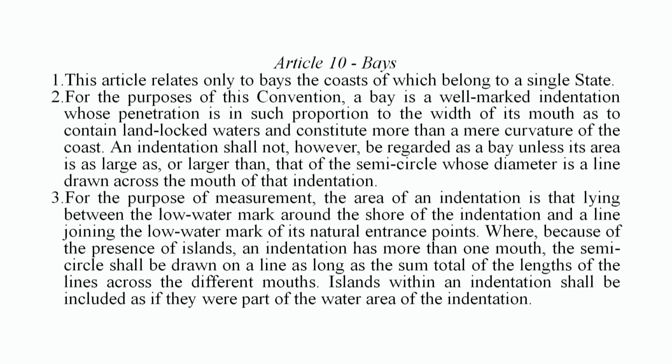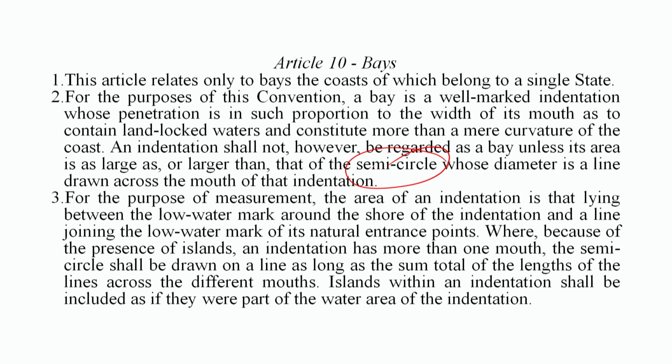An indentation shall not, however, be regarded as a bay unless its area is as large as, or larger than, that of the semicircle. This is the important point to be noted here, that it must cover more than a semicircle area whose diameter is a line drawn across the mouth of that indentation.